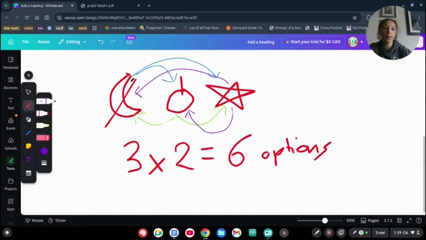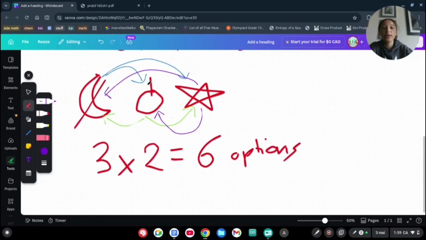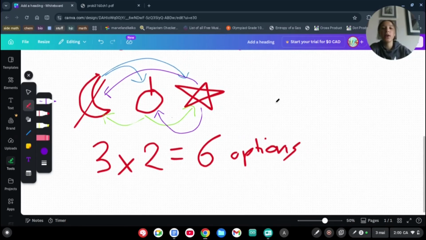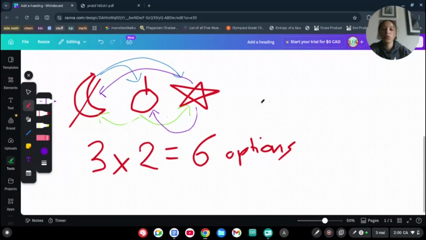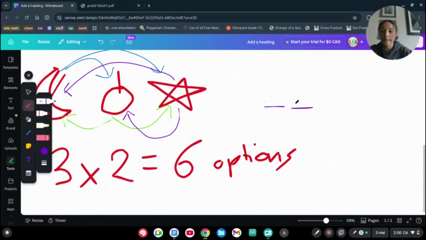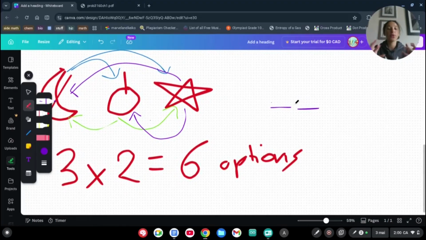So now I need to ask myself, how many times am I overcounting? I'm trying to make a group of 2. So for each group, if I have 2 objects and I want to know how many different groups I can make out of them, I could pick either one of the 2 objects first, and then I'll have one option left to pick from.